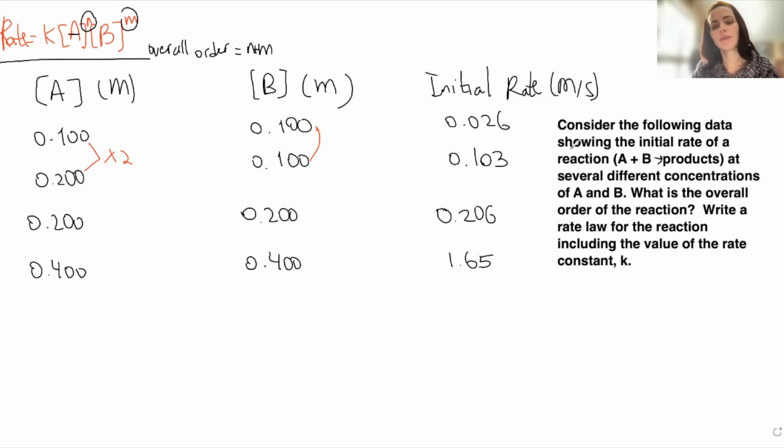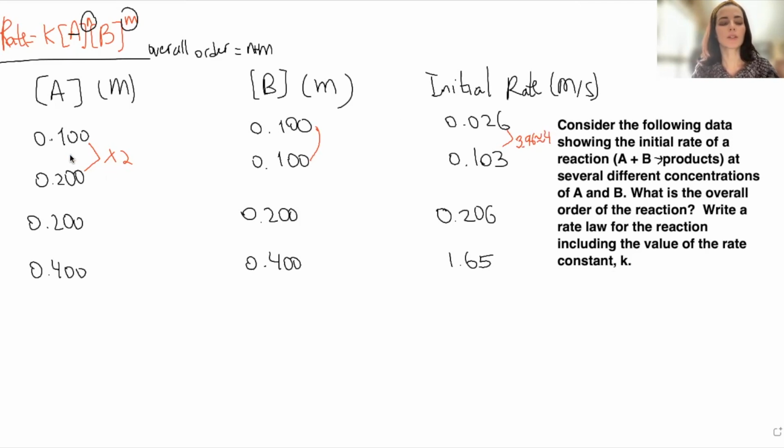And then we have to see how the initial rate changes in response to change in concentration of A. So we need to divide 0.103 divided by 0.026, and it equals 3.96, which is approximately equal to 4, right? We can assume that this is 4.